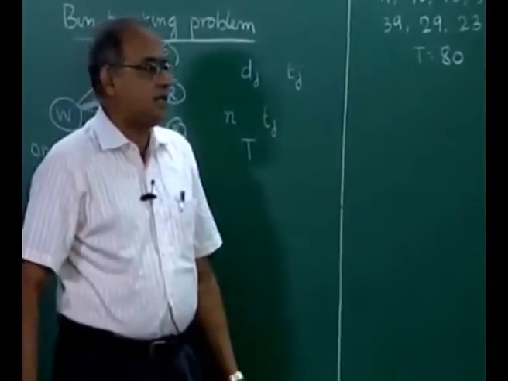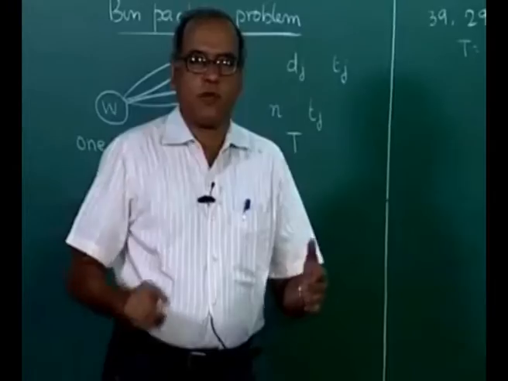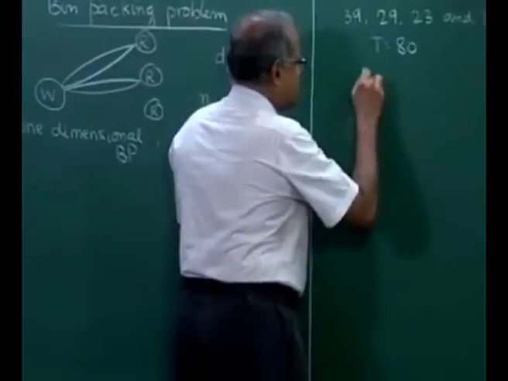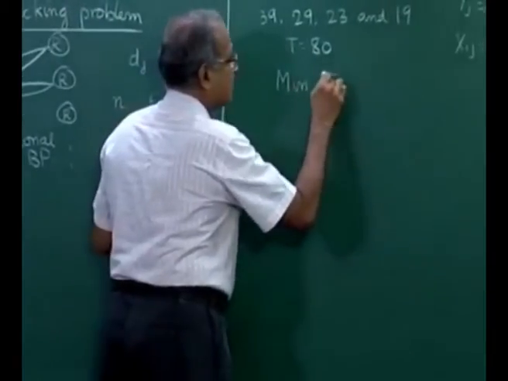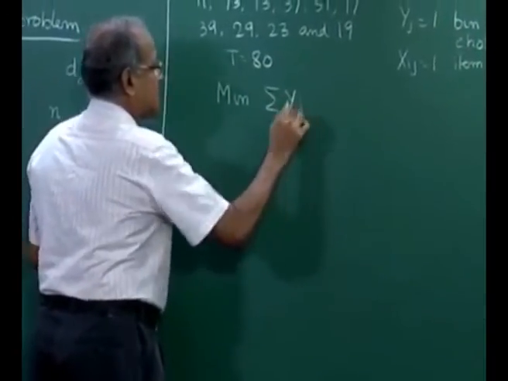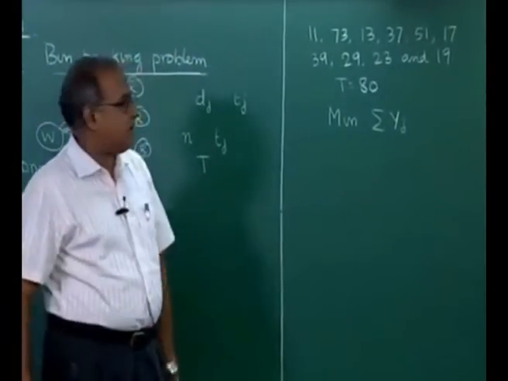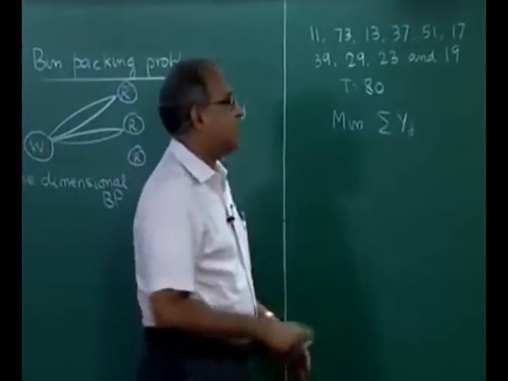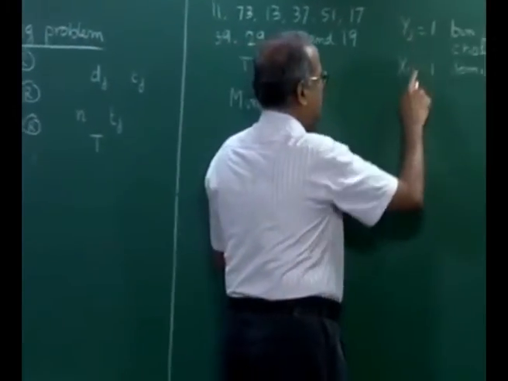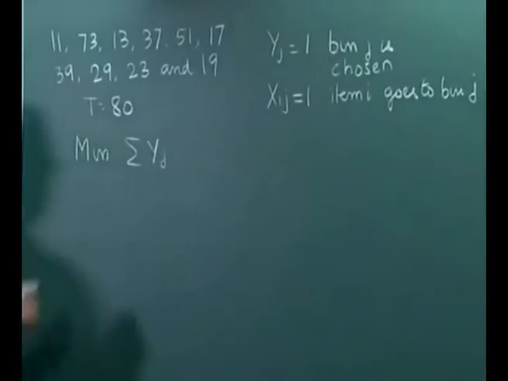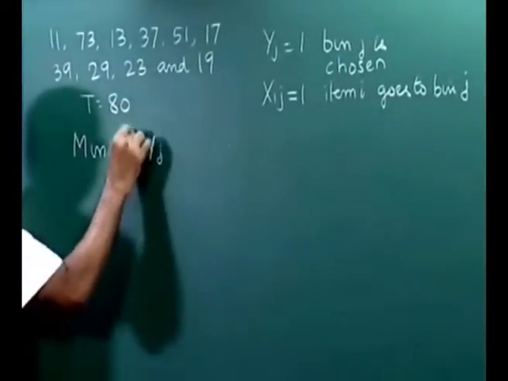So, we are going to assume that there is a smaller subset of y1 to y10 which we would like to minimize. So, the objective is to minimize sigma yj, where yj equals 1 if bin j is chosen. This depends on the notation. Here we are using j for the bin and i for the item. Therefore, summation of yj, j equal to 1 to 10.